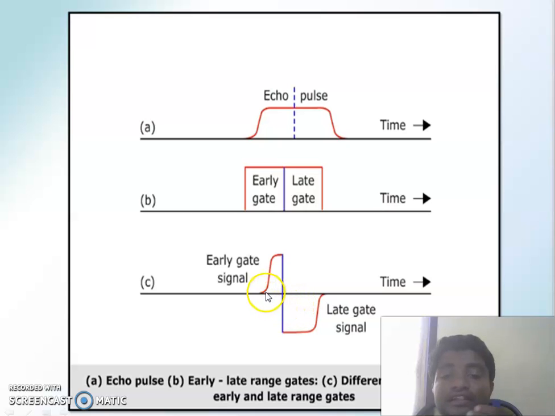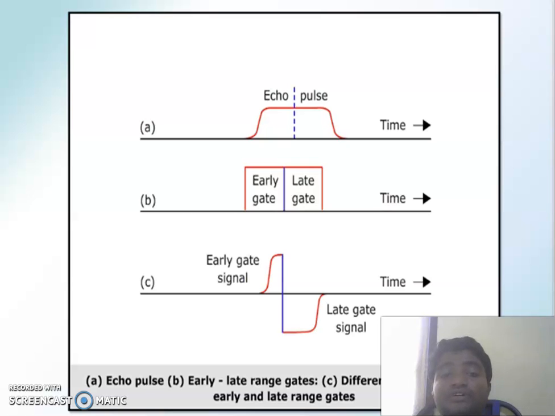By subtracting the early gate response and late gate response, you can get the error signal. It is used to reposition the early gate and late gate at the center of the echo pulse by using some servo control loop, some control mechanism.